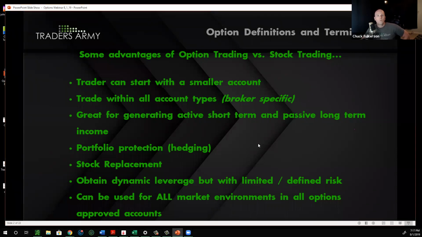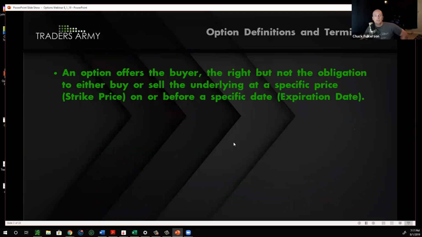So, when I think about what these things are, the very definition of an option is that an option offers the buyer the right, but not the obligation, to either buy or sell an underlying at a specific price, which is called the strike price, on or before a specific date, which is the expiration date. Okay?